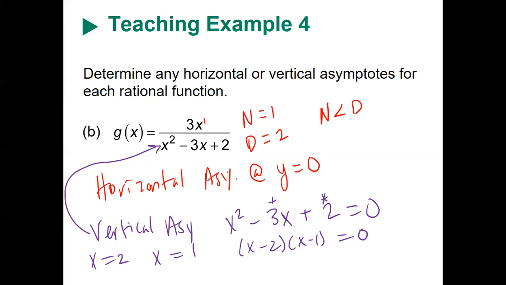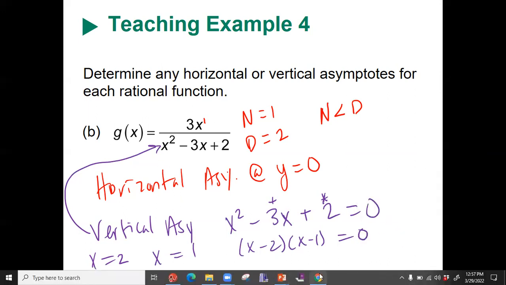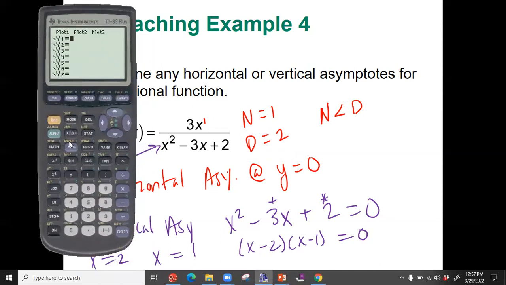How do you feel about a horizontal and a vertical? All right, so we're going to take a look at the graph. If we look at the graph of this, I'm going to go to y equals.